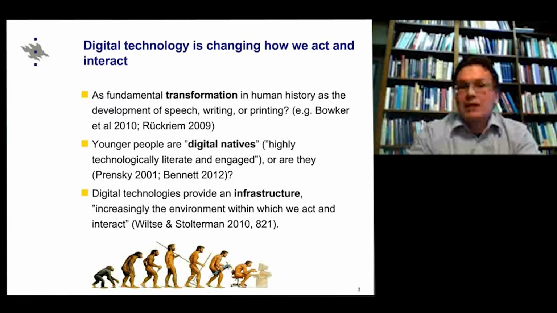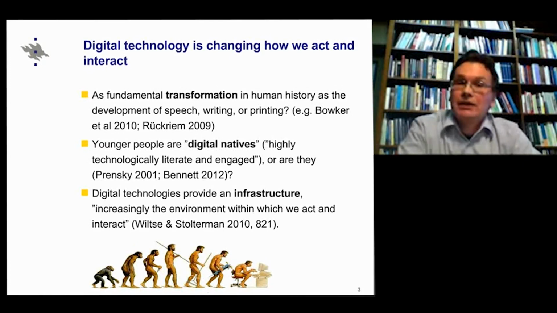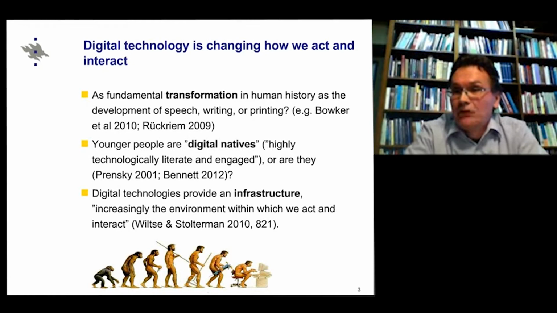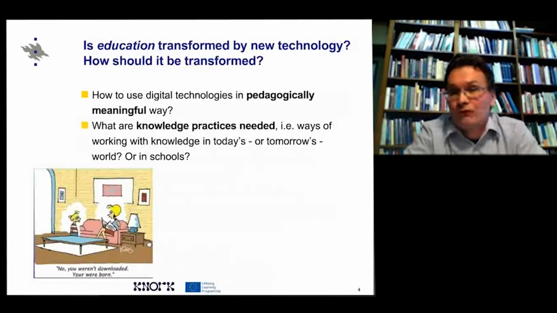But then the question is that, especially in those projects that I have been involved in, we have always been interested in how to really use technology and digital tools in a meaningful way, and what it means in pedagogical settings, that is, how we should most fruitfully use new digital technologies, and what it means in schools, for example, or in educational settings.